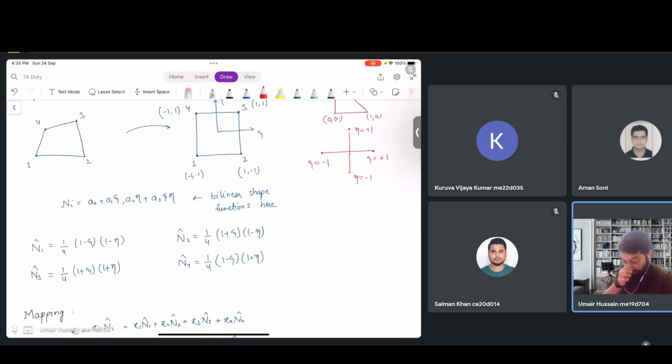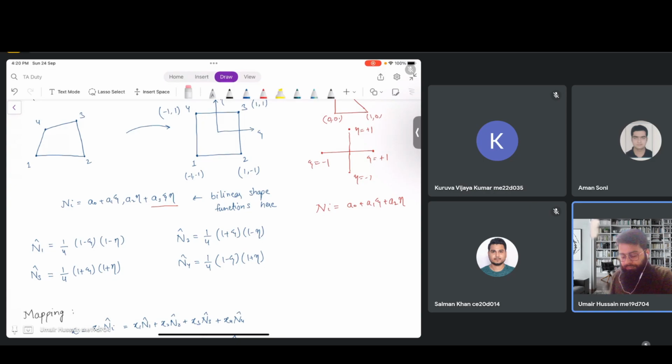Now the approximation function would have one more term in it. Earlier, for triangular elements, we had only linear approximations with only three nodes: a0 plus a1 times one variable plus a2 times the other. This was a complete representation of a linear polynomial. But for the quadrilateral element, we'll have one more term, since we have one more node.